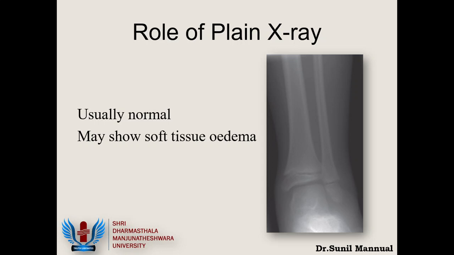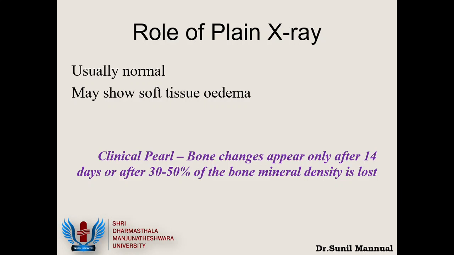Now, one important thing that you should understand is that whenever you see X-ray changes of infection on a plain X-ray, that means the child is presenting to you only after 10 to 14 days, typically after 2 weeks. For bone changes to appear on the X-ray, it takes up to 14 days after the onset of infection.